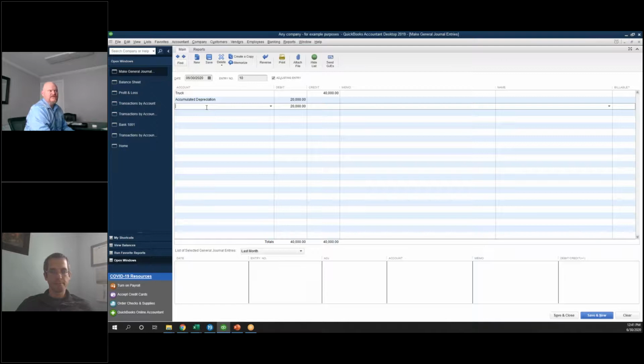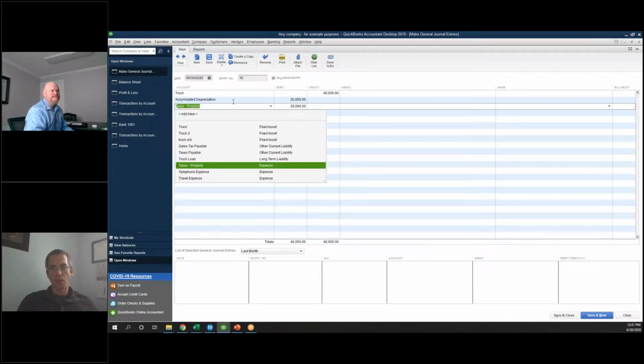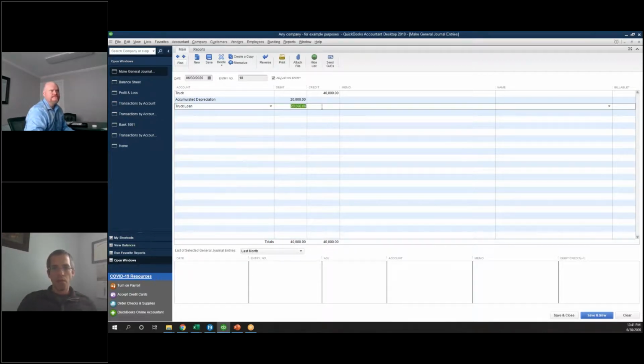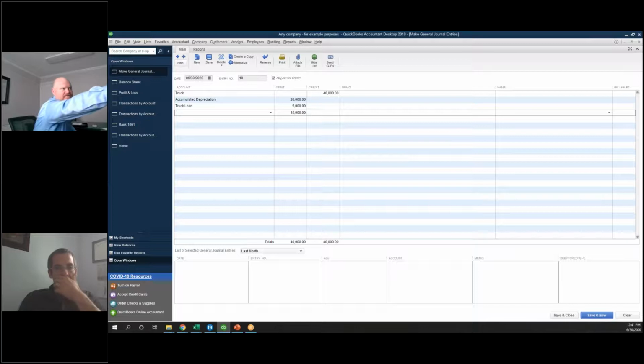And let's say that my trade-in was only $5,000. So I would say, oh, well, I got a trade-in, so I got a value of $5,000 on the new truck loan, because they gave me a reduction of $5,000 on that loan. So they gave me $5,000.